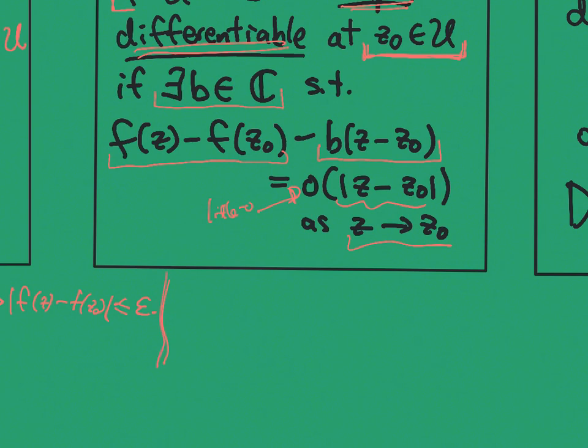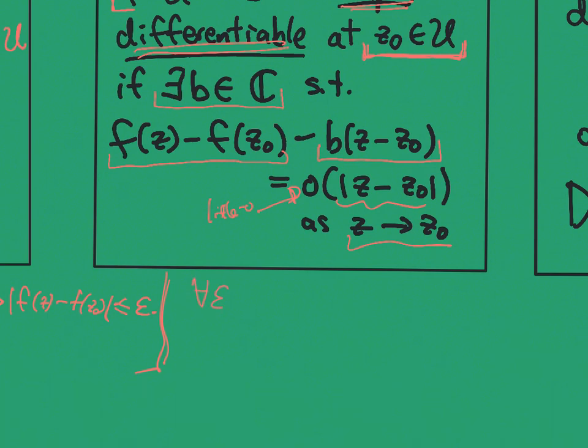So this is the same as the usual difference quotient definition of derivatives, but again, little o makes it so you don't have to worry about what's happening exactly at z0, for instance. But here, let's write this out in the full quantifiers.